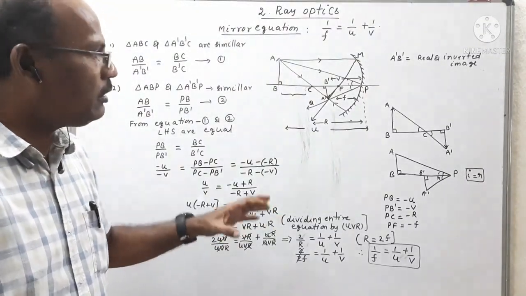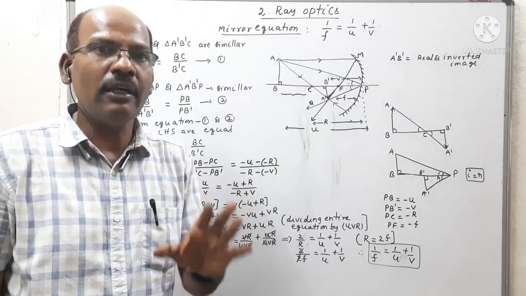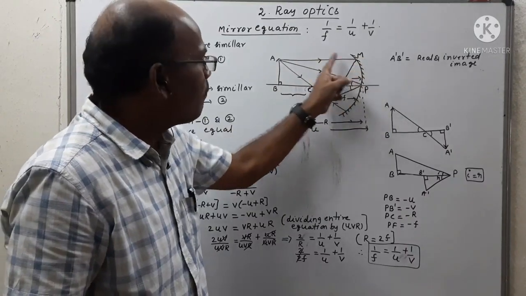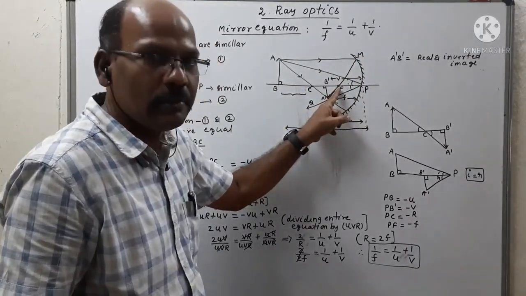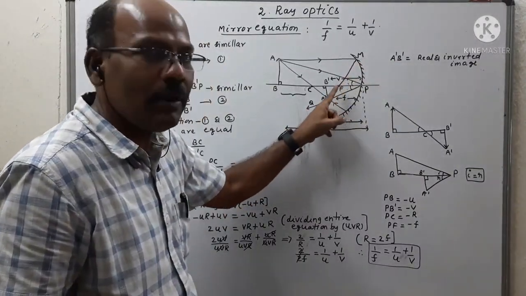So in order to observe the formation of real inverted image, we consider 3 rays. One is the ray AM parallel to the principal axis passing through focus, which is represented by MF.